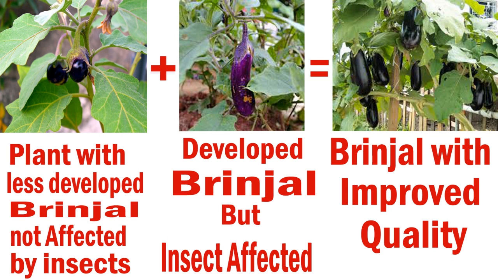The other has developed brinjal but attacked by insects, so it is also not usable. That's why we can hybridize both plants so that we get brinjal with improved quality. That means the brinjal of the hybrid plant will not be affected by the insect.